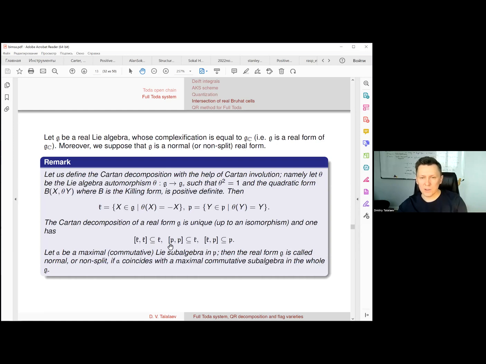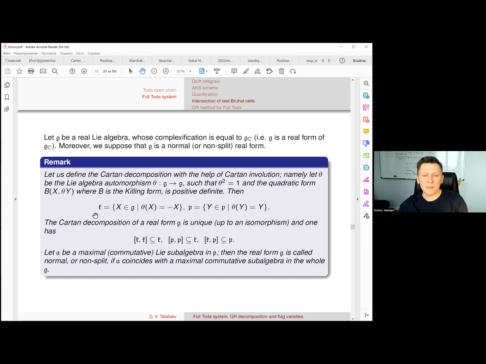Just as a remark, I recall the definition. Let theta be a Cartan involution, so it is such an automorphism of the Lie algebra G, which is an involution and which is related with the Killing form in this way. So this form B(x, theta y) is positive definite.